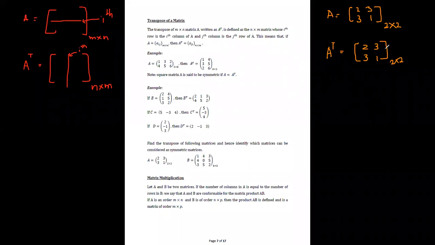It is because the number of rows are the same, the number of columns are the same, and the corresponding elements are also equal to each other. Therefore, you can say that matrix A and its transpose are equal matrices. Therefore, we can say that A is a symmetric matrix. Now you can see that A is a square matrix.